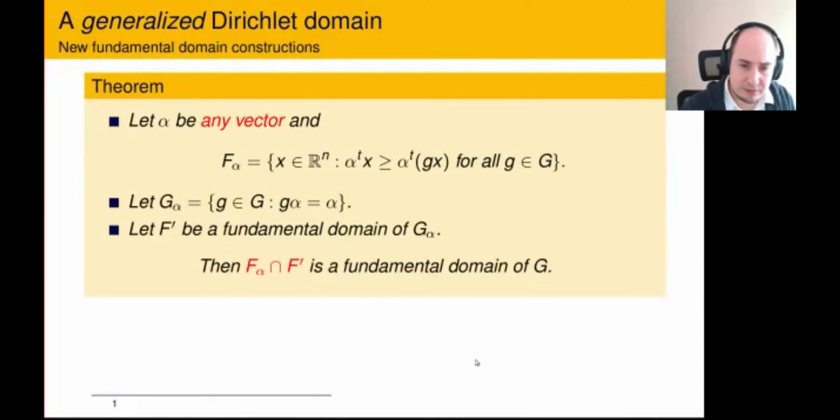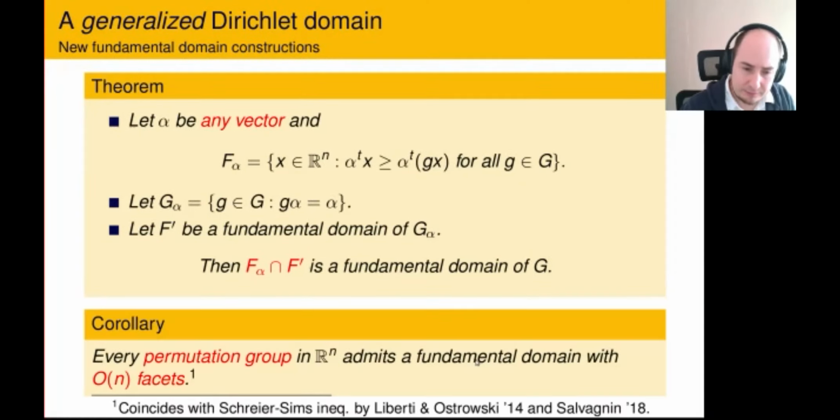I won't go into the details, but in a nutshell, with this general method, we can construct all the fundamental domains that we have found in the literature so far, at least.